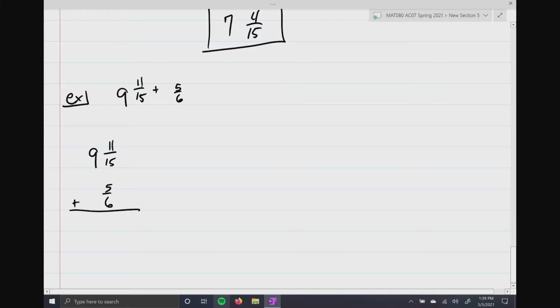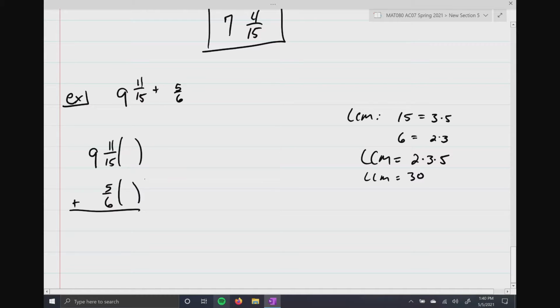So off to the right, I'm going to find that LCM. 15 we know is 3 times 5. 6 is 2 times 3. So my LCM is going to be the product of unique factors, 2 times 3 times 5, which is going to be 60. No, bad math, 30. Sorry, bad math.